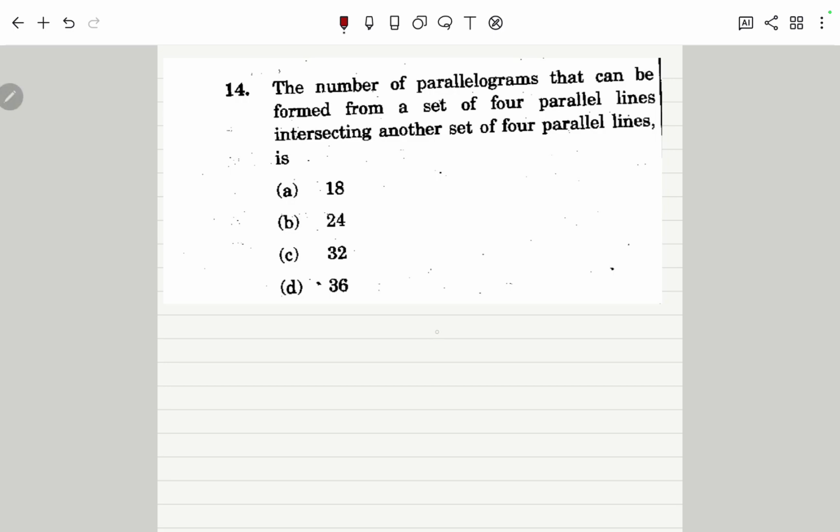Let me explain how combination differs from permutation. Remember two examples.